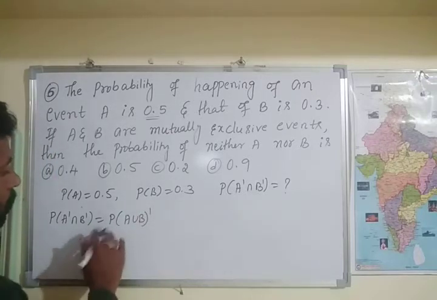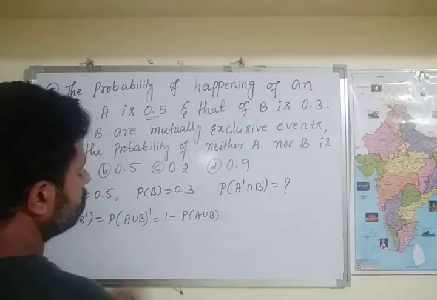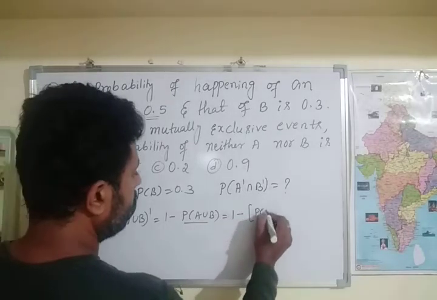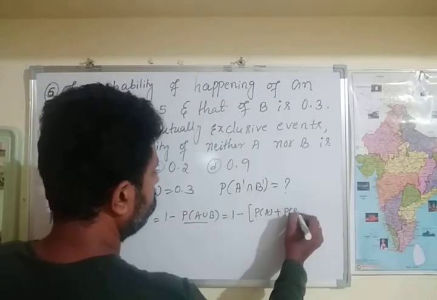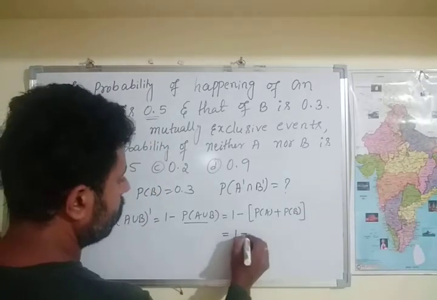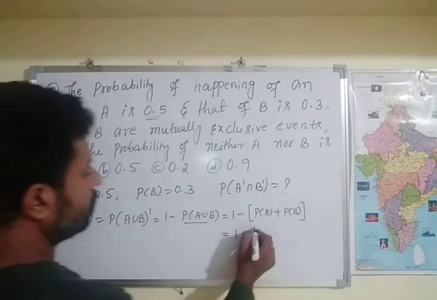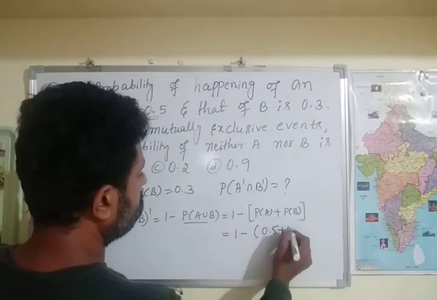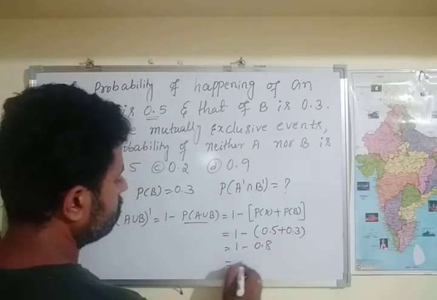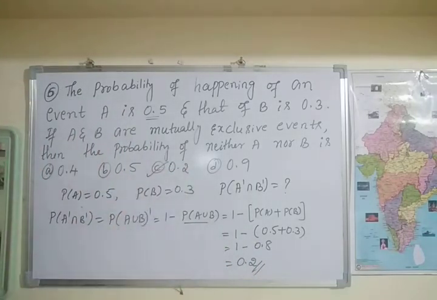This can also be written as 1 minus P of A union B. For mutually exclusive events, this can also be written as 1 minus P of A plus P of B. This is equal to 1 minus, where P of A is 0.5 and P of B is 0.3. So 0.5 plus 0.3 is 0.8, and 1 minus 0.8 is equal to 0.2. Option C is correct.